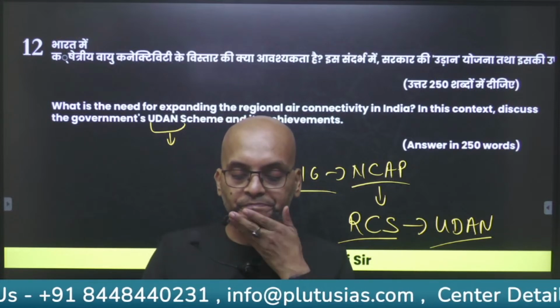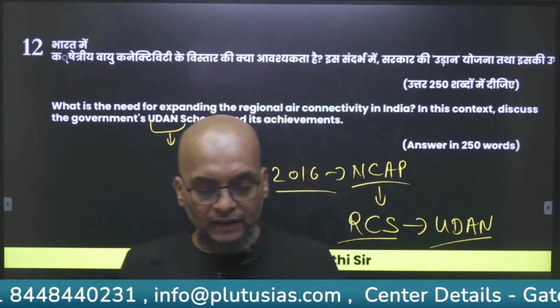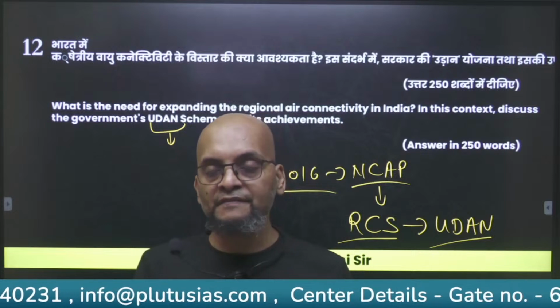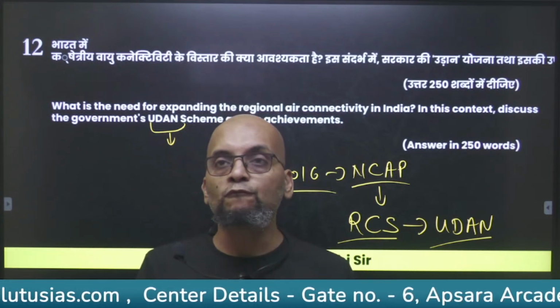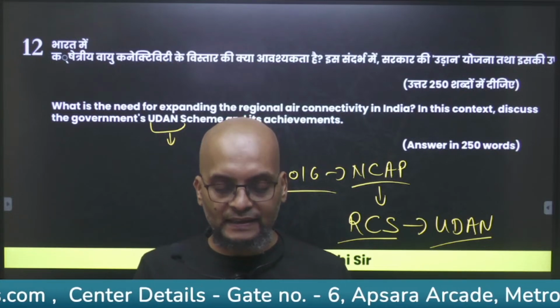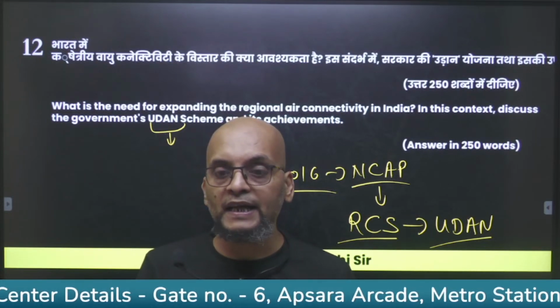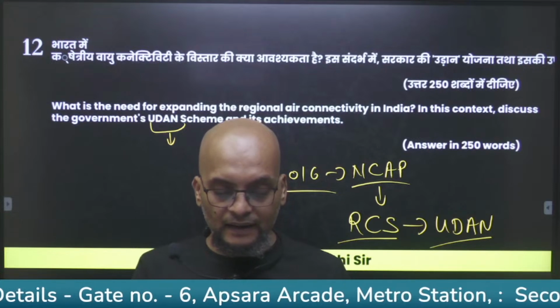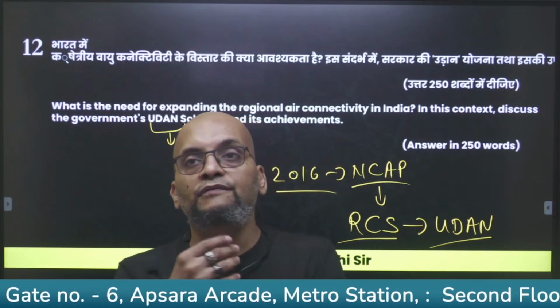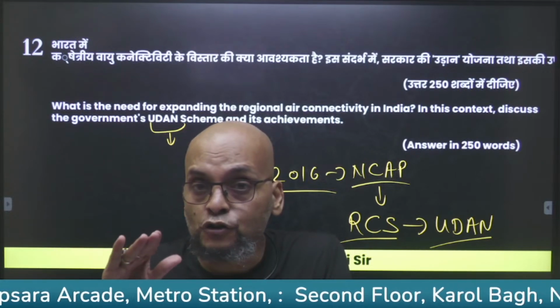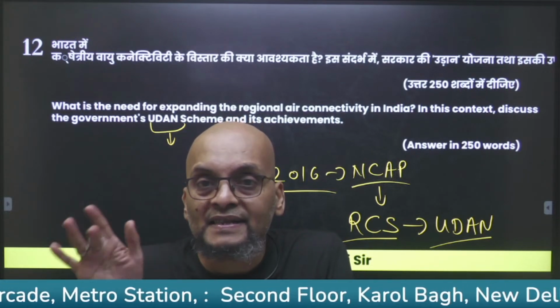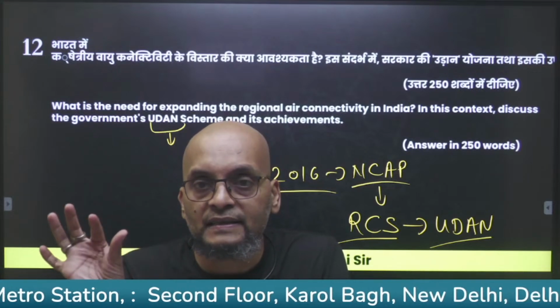So UDAN was announced by the Civil Aviation Policy of 2016, and the aim was to connect Tier 2 and Tier 3 cities. Another policy in UDAN was that airlines were going to give a discount of 50% in the airfare.